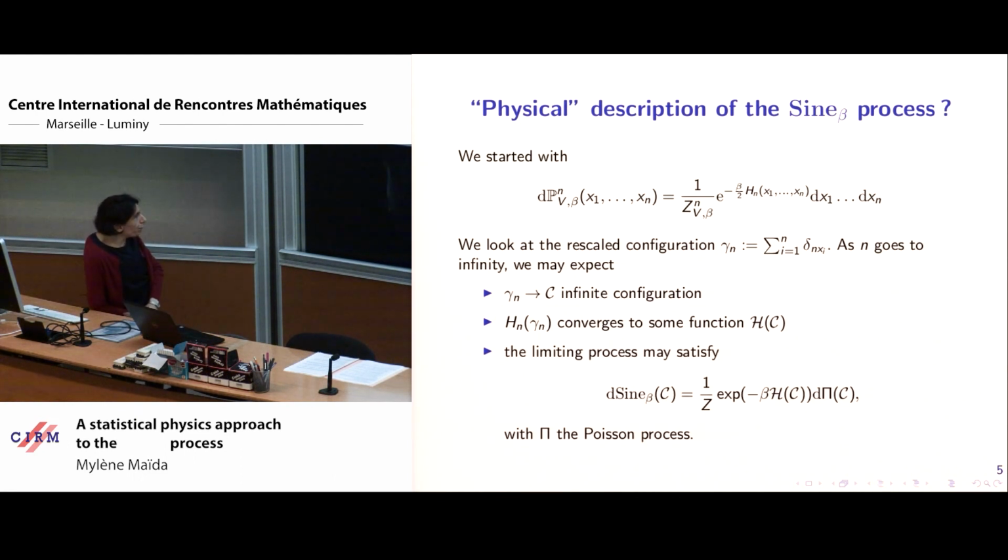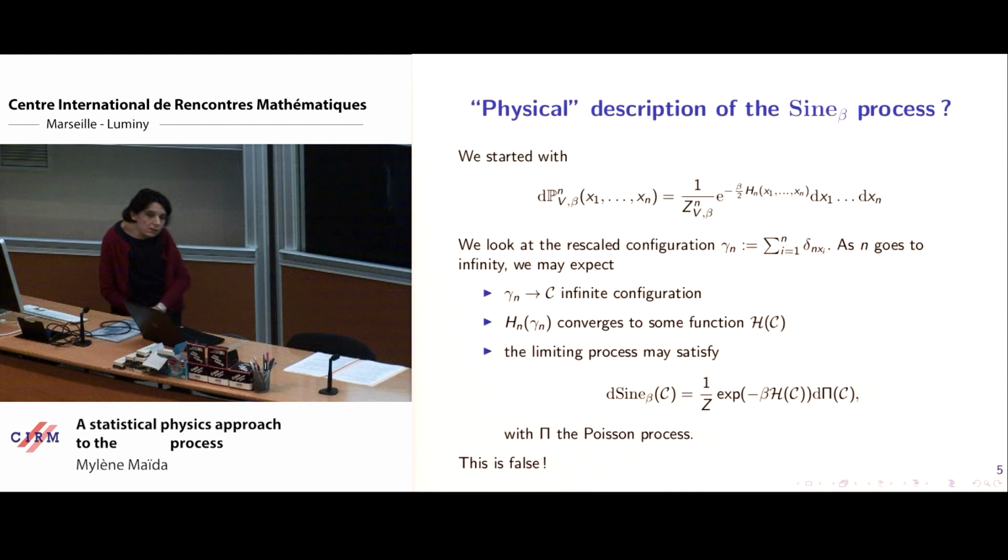And so the limiting process may satisfy something like Sine beta has a density like exponential of minus beta times this functional with respect to the reference process, which is the Poisson process.